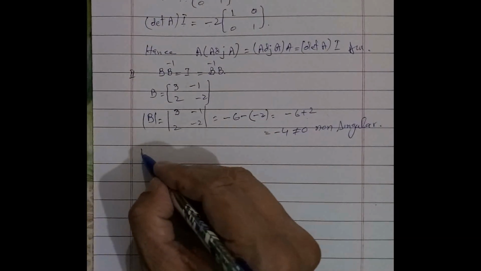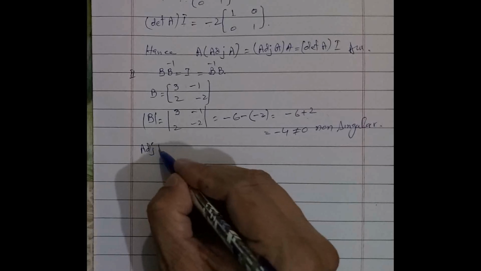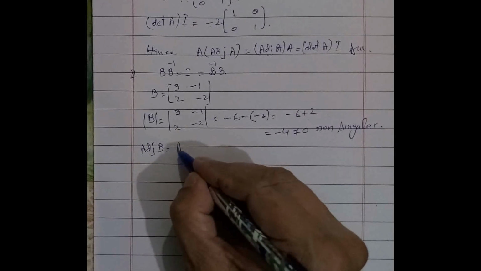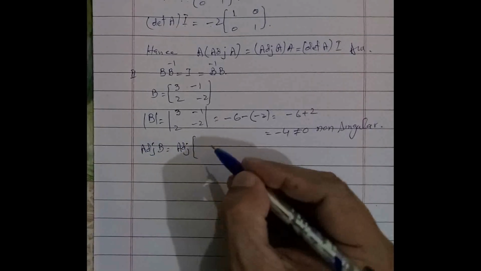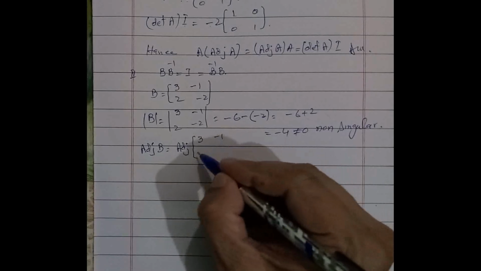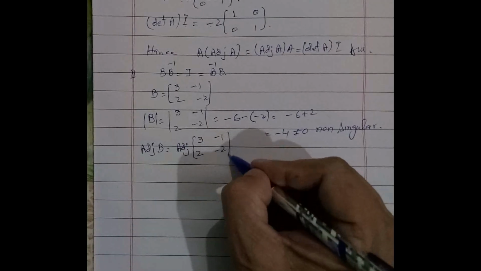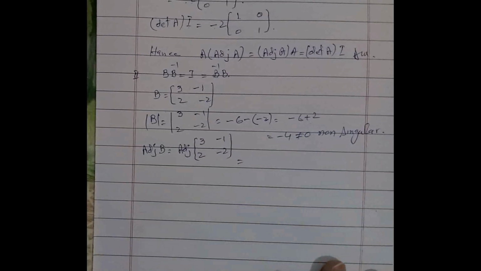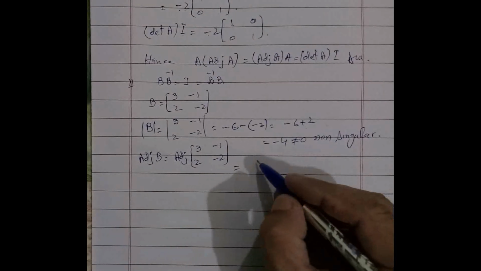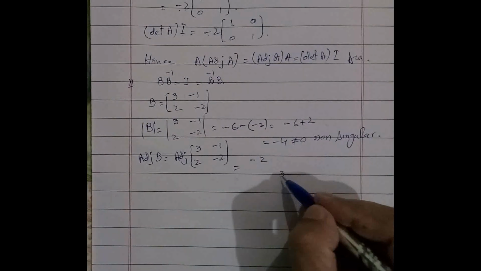The next step is we find adjoint B. B is [[3, -1], [2, -2]], and we find the adjoint of B, which is [[-2, 1], [-2, 3]].